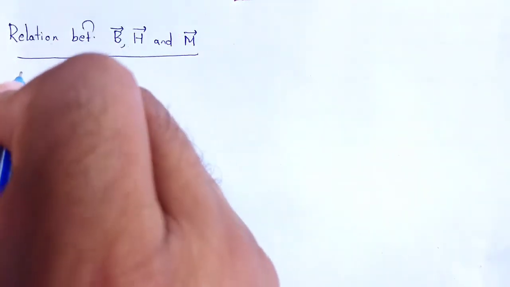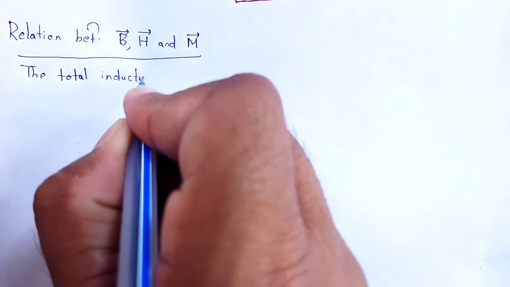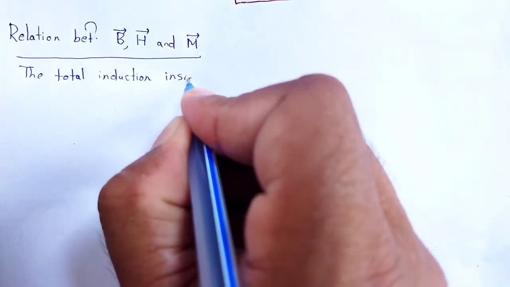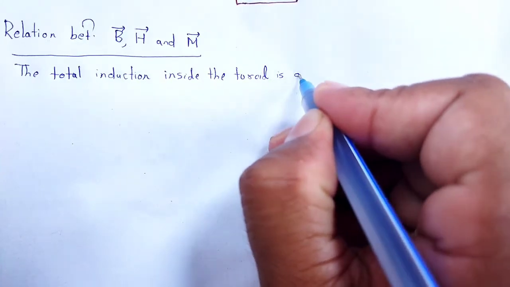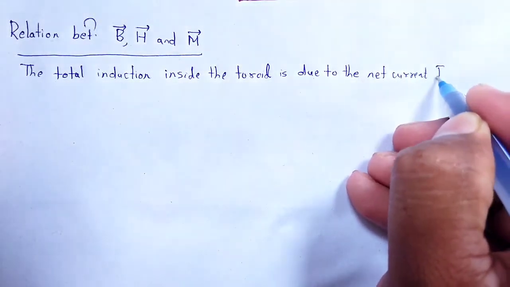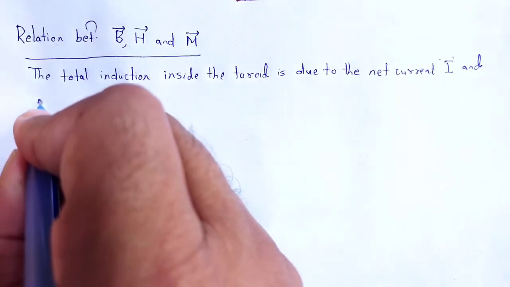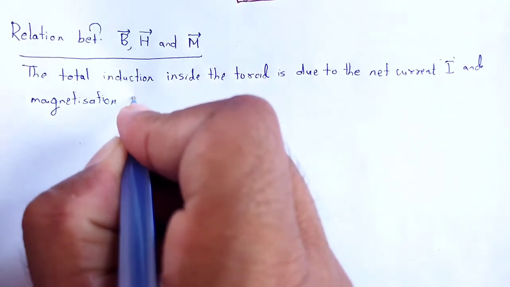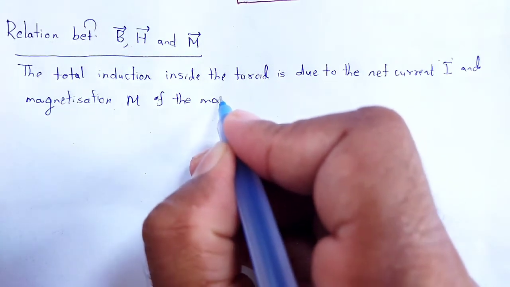The total induction inside the toroid is due to the net current I that passes through the toroid, and the magnetization M of the material from which the toroid is made.